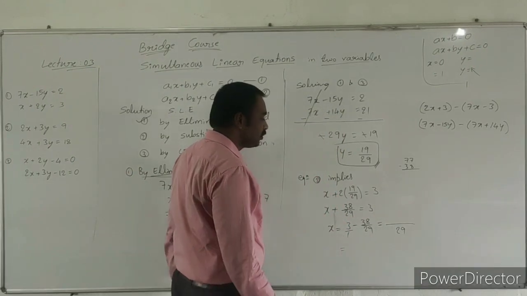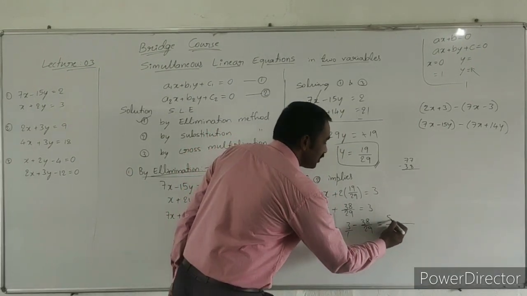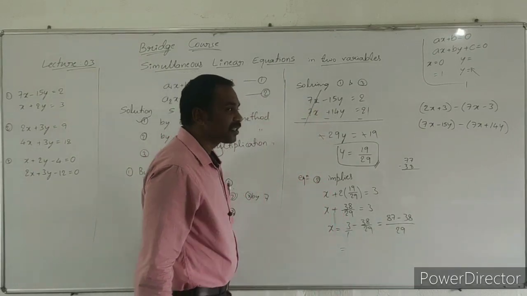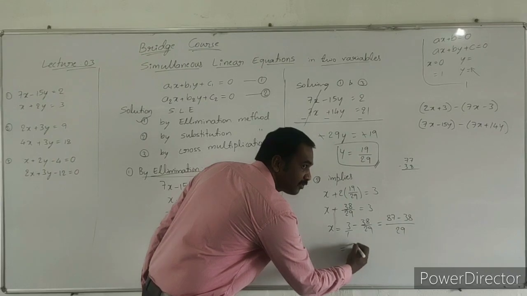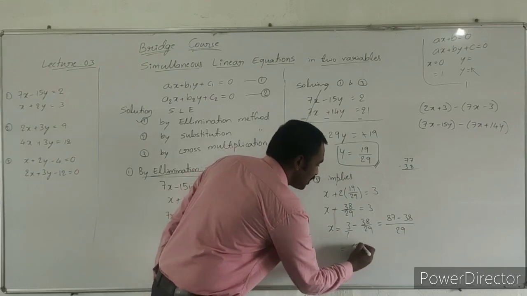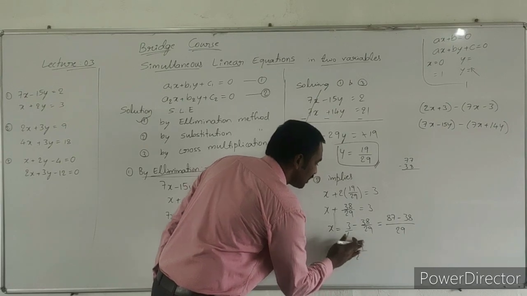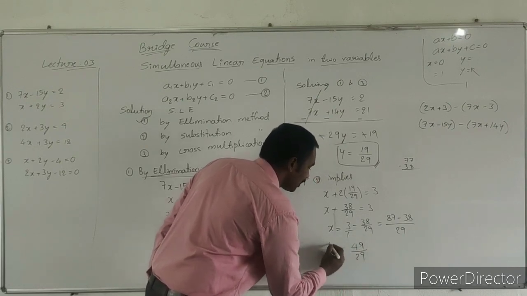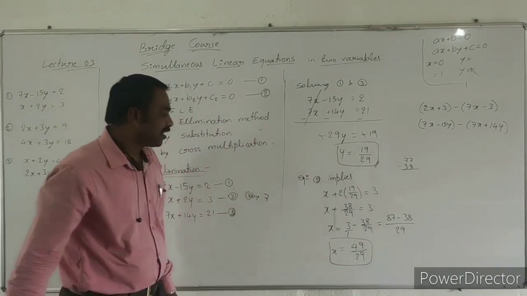29 into 3 is 87, minus 38. 87 minus 38 is 49, divided by 29. This is the required x value.